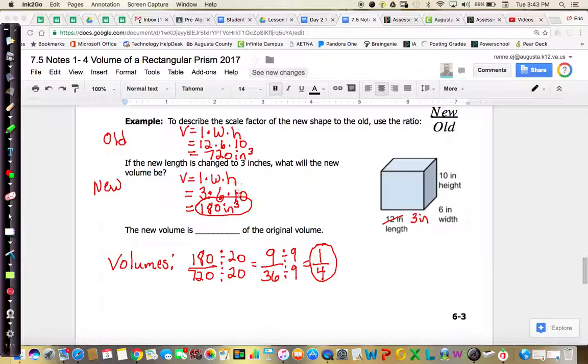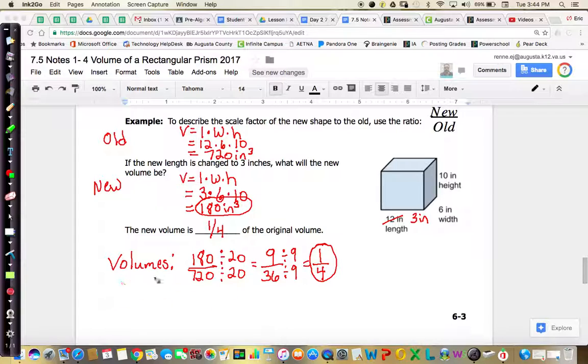Now, we can say the new volume is 1/4 of the original volume. And think about it, okay? The old volume was 720, the new volume is 180, so it was reduced in size, and 1/4 is less than 1, so we know that it reduced in size.